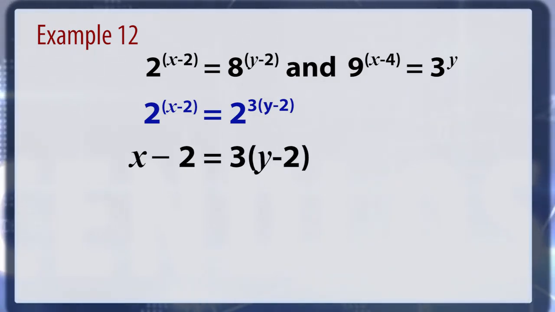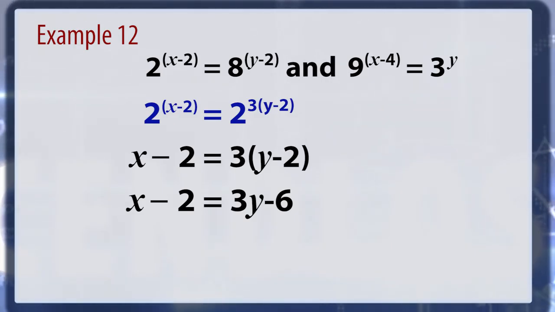That will give us x minus 2 to be equal to 3 into brackets y minus 2. We can expand this, group like terms and simplify. So then we get x minus 2 to be equal to 3y minus 6. And finally, we get x minus 3y is equal to negative 4. We are going to label this as equation 1.